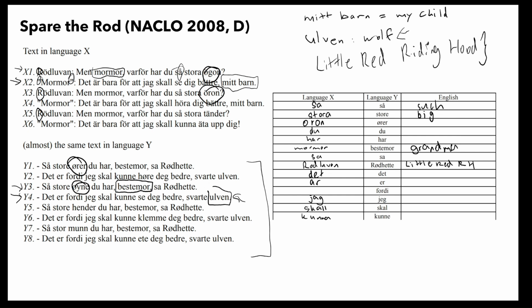So, I'm pretty sure it goes eyes, ears, teeth, and then hands, I'm pretty sure. That was the structure. It's been a long time since I've listened to Little Red Riding Hood.